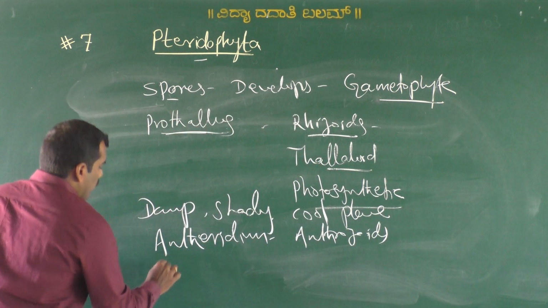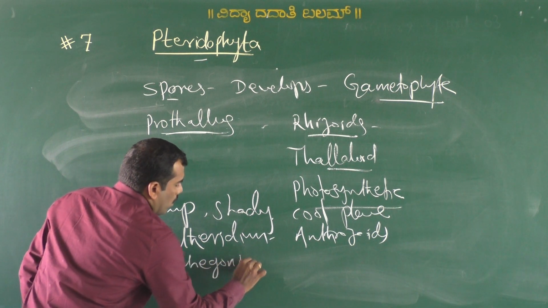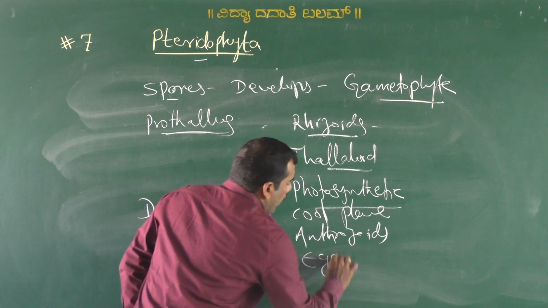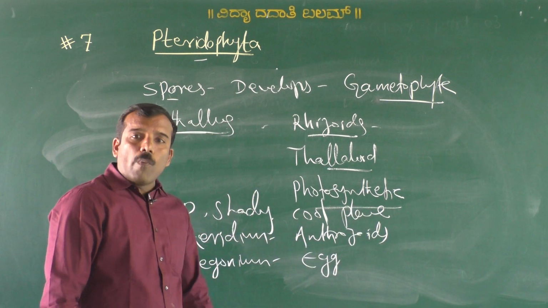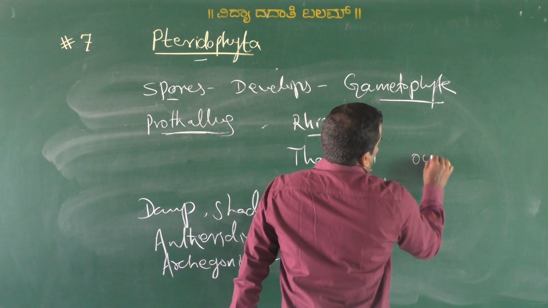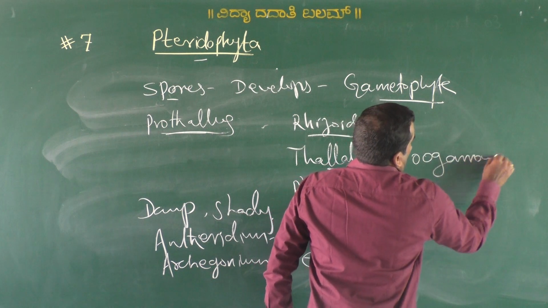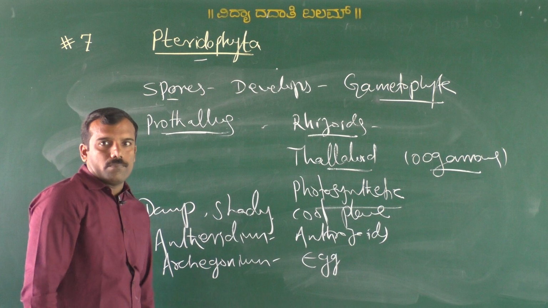The female sex organ is archegonium. They produce egg. Egg is large, non-motile. Anthrozoid is small and motile. This is the oogamous type of sexual reproduction.